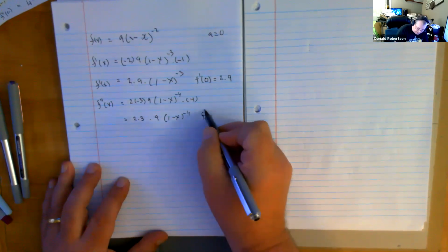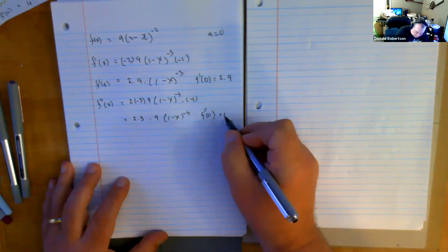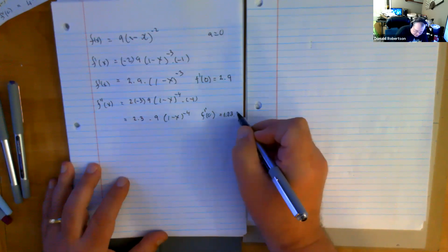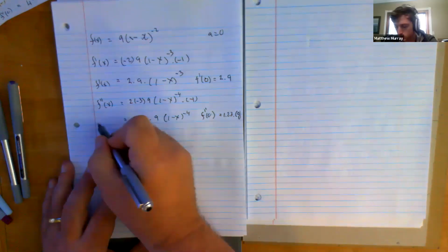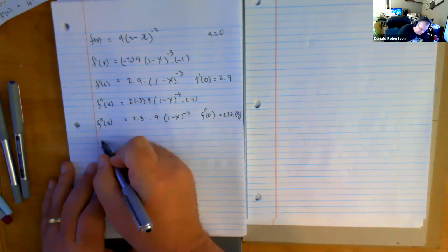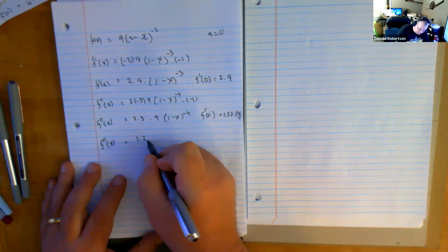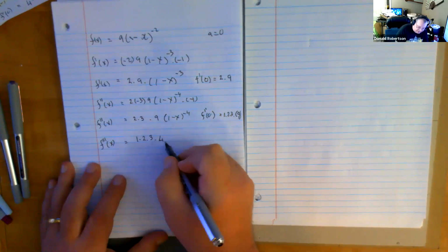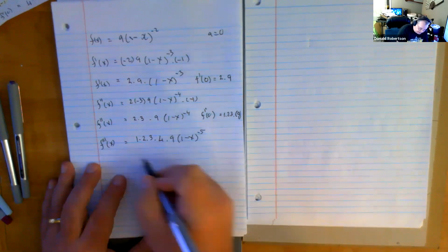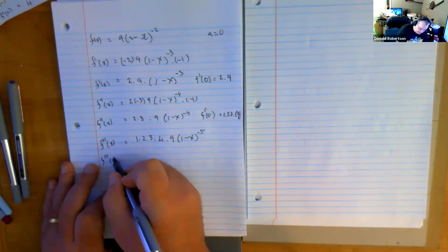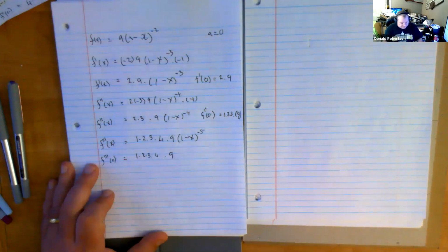If I evaluate that at 0, I'm going to put in a 1. 1 times 2 times 3 times 9. If I do the third derivative, I will get eventually 1 times 2 times 3 times 4 times 9 times 1 minus x to the power of negative 5, and that derivative at 0 is 1 times 2 times 3 times 4 times 9.